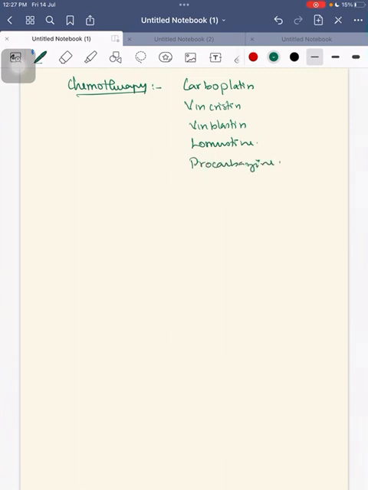So these are the chemotherapeutic drugs used in the treatment of these low grade astrocytomas. Next we will go on to the malignant astrocytomas.